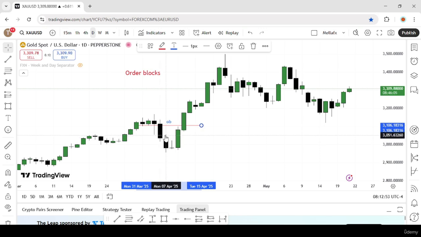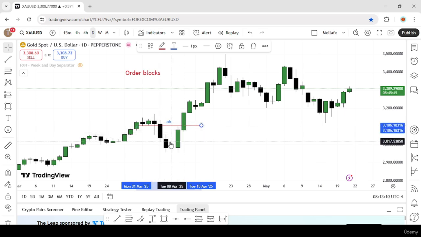So what I like to see in an order block is evidence of imbalances. For me, I would consider, yes, this is a good order block here, but for a high probability order block, I would like to see evidence of imbalances.